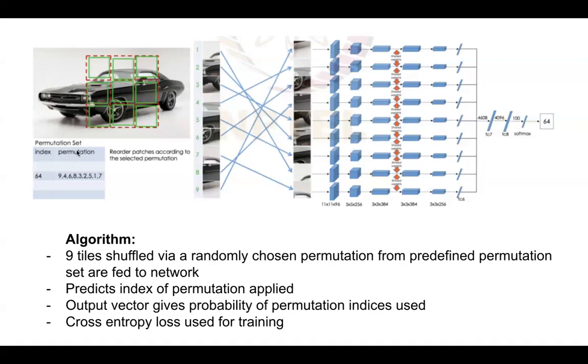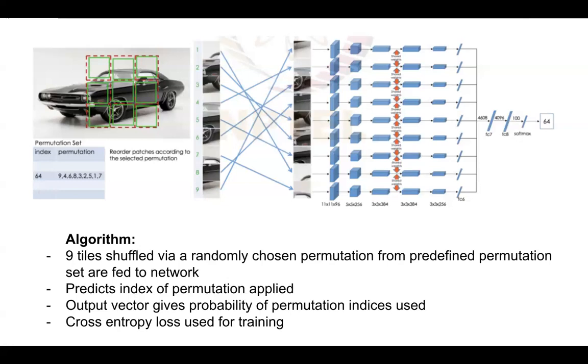So there is a permutation set, and each set has an index. If this image is using this set, the prediction should be this one. That is, the output would be one dimensional, and in that one dimension, one number is to be predicted, and that should be 64.